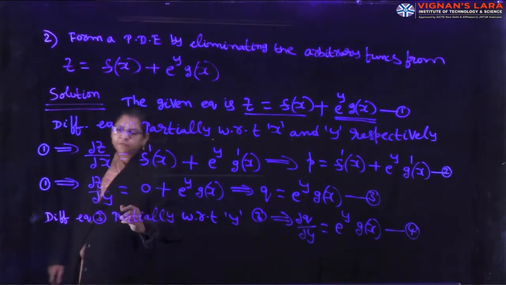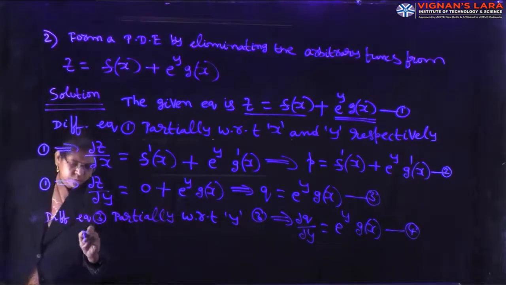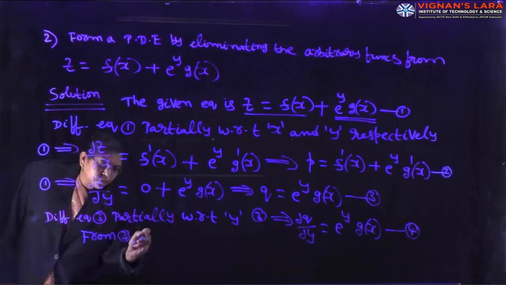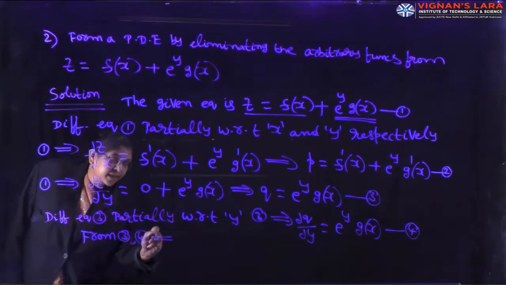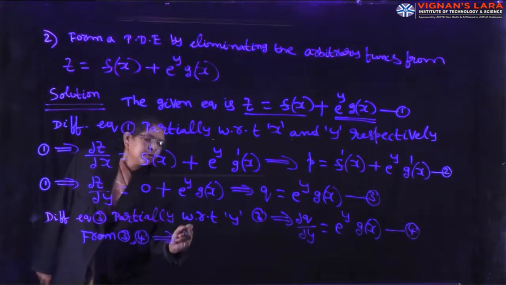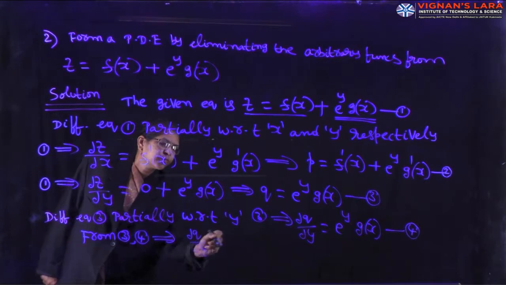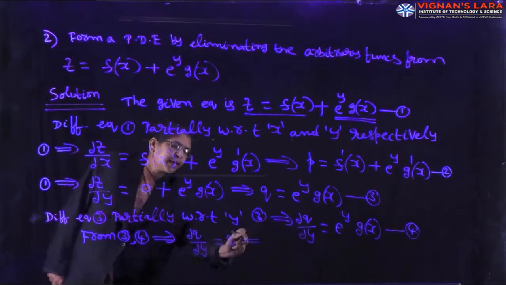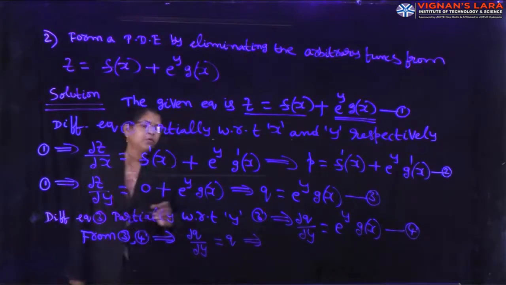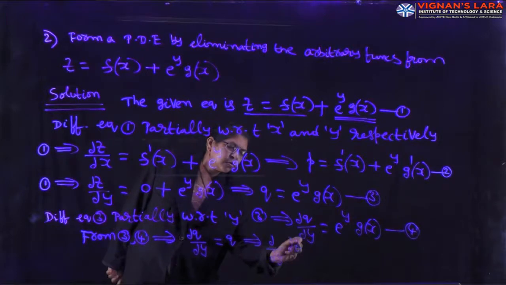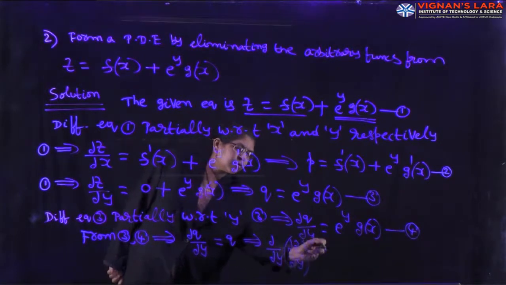Therefore, from 3 and 4, dou q by dou y equal to q. What is q? Q means dou z by dou y. Dou by dou y of dou z by dou y equal to q.